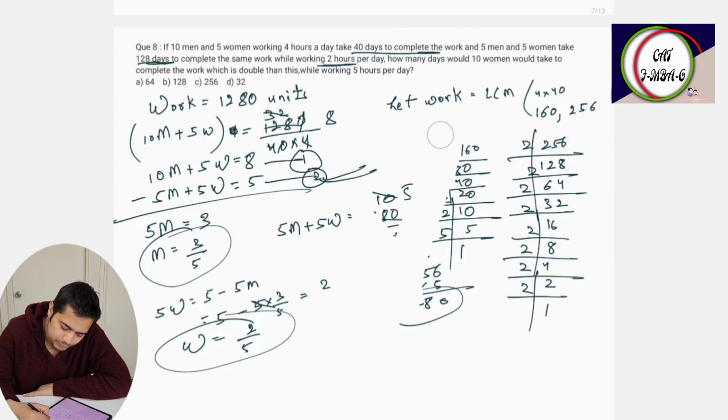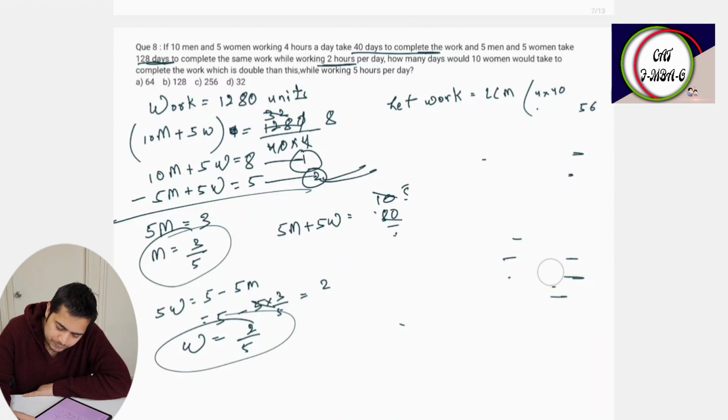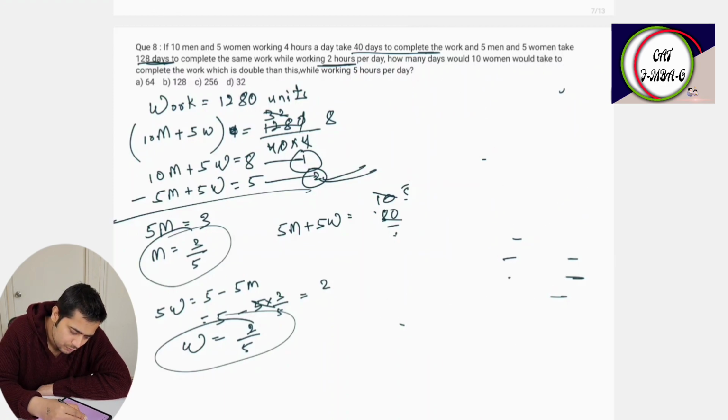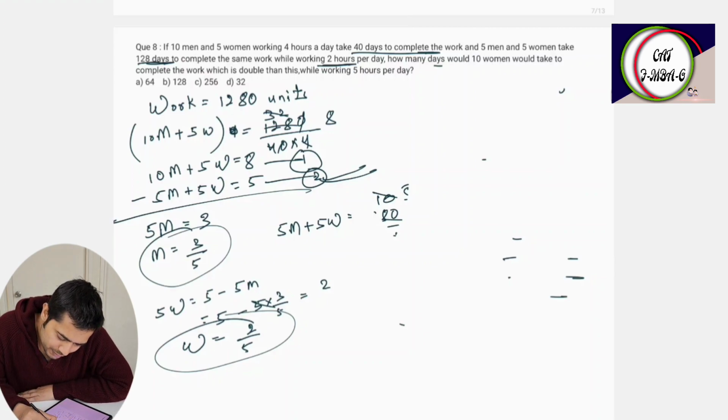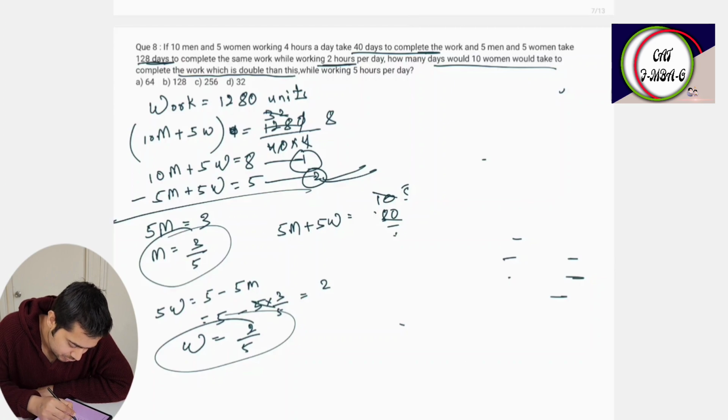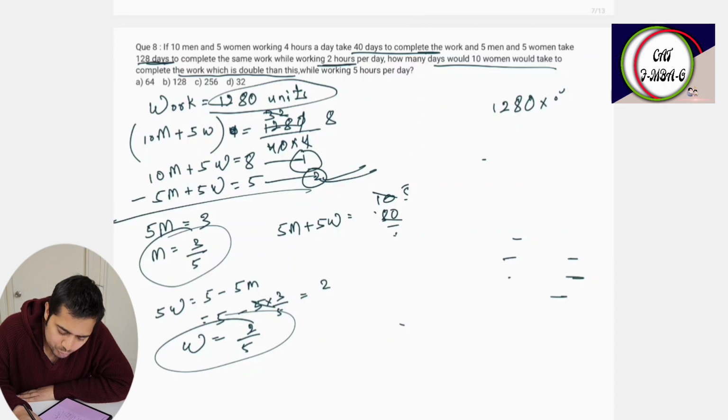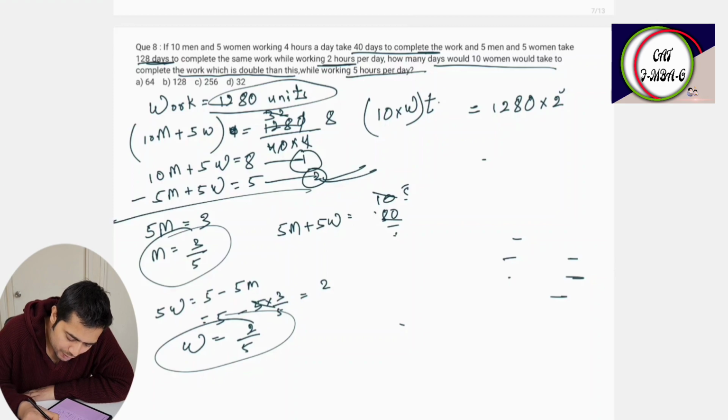Simple. Let me remove this. How many days would 10 women take to complete the work, which is double this? So what is the total work now? 1280 into 2 is equal to 10 women, into rate of women, into let the number of days be T, into 5 hours per day.